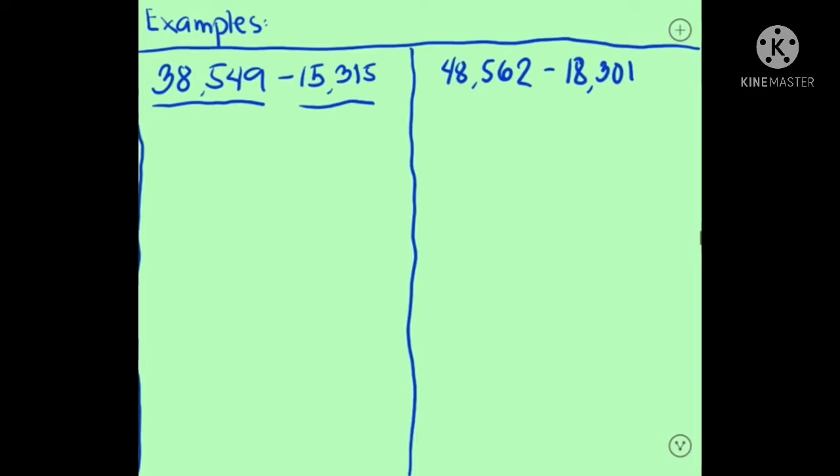I will write first the minuend, which is 38,549, and then minus 15,315.